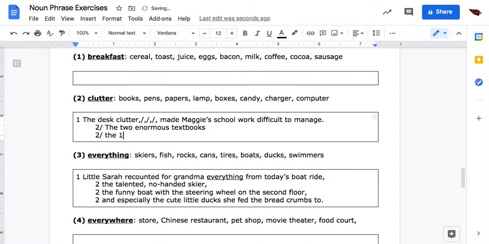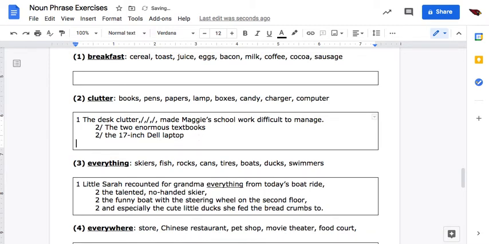The 17-inch, by the way, I thought of these beforehand, so don't think these are just coming to me right away. I cheated a little bit. This says computer. I turned it into laptop, but essentially the same thing. And again, I'm not making a list here. These are all separate noun phrases.